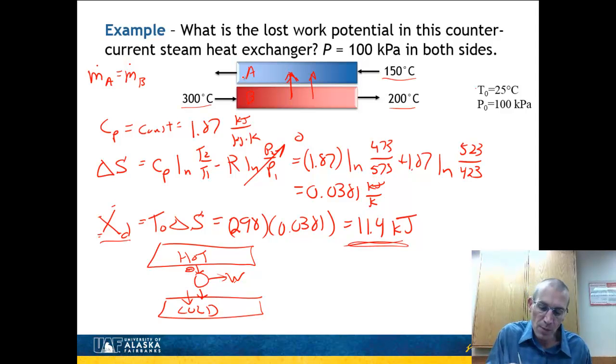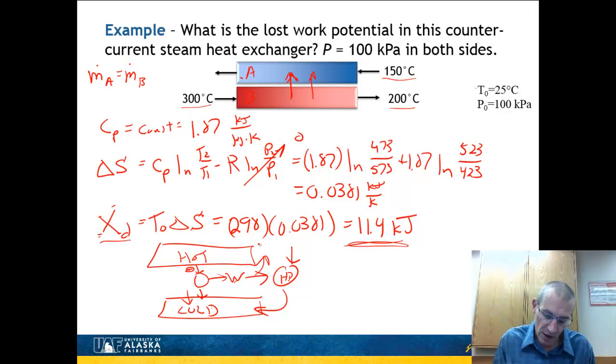Now, I haven't accomplished the same thing because this cold stream didn't get as much energy. But what I could do is take this work, run it through a heat pump to put the remaining energy into the cold stream, pulling that from the environment. And it turns out it isn't going to take all of that work, and so I'd get this extra work, and that's the 11.4 kilojoules that I have from that stream.